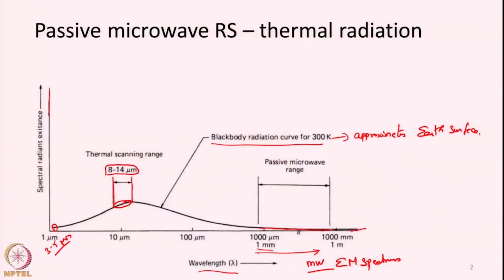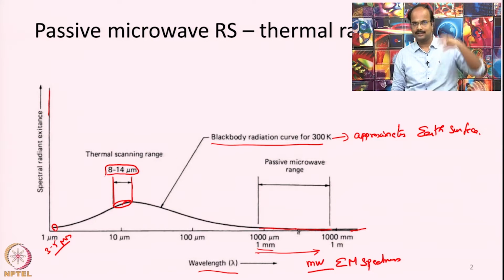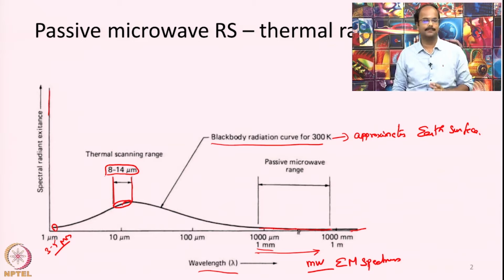That is, starting from the short wave infrared or mid wave infrared portion, that 3 to 5 micrometer range, Earth will keep on radiating energy. This radiation will slowly increase and reach a peak in the long wave infrared portion, around the 9.5 to 10 micrometer range. There, if we sense, we call it thermal infrared remote sensing.